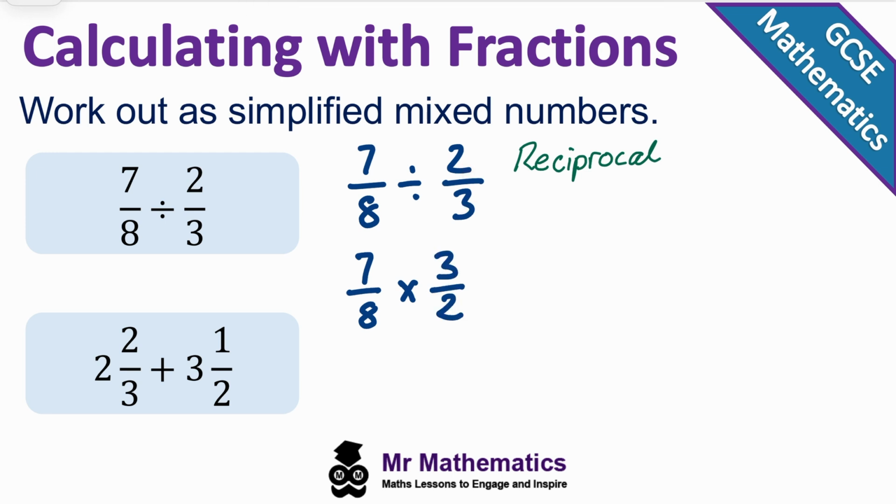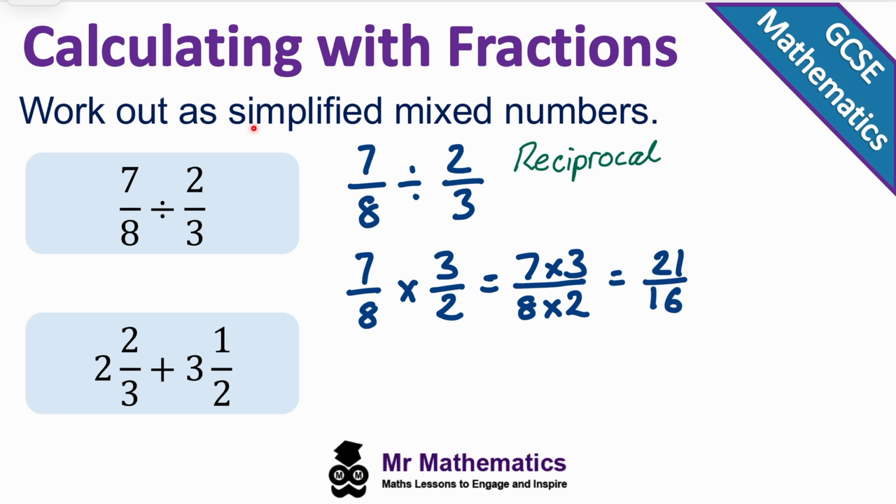So we're multiplying the 7/8 by 3/2. Can you see I've just flipped this upside down, and this is called the reciprocal. Now because these two won't simplify, and neither will these two, we can just multiply the numerators, and we'll multiply the denominators. So we'll get 7 times 3 divided by 8 times 2, which is 21/16.